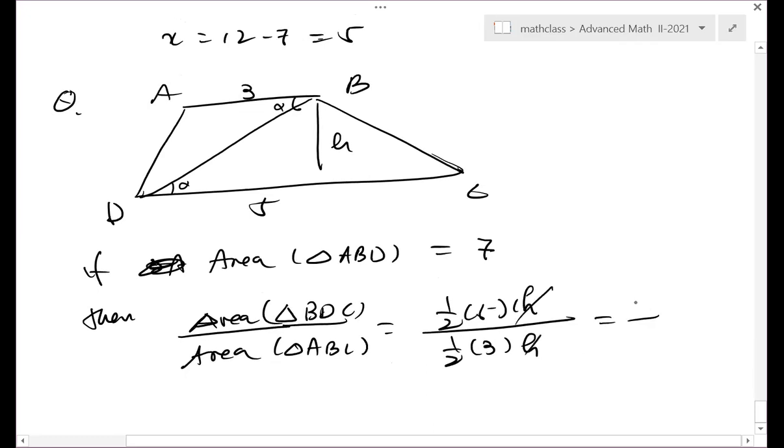H is gone, so it's 5 over 3. So that's the ratio.